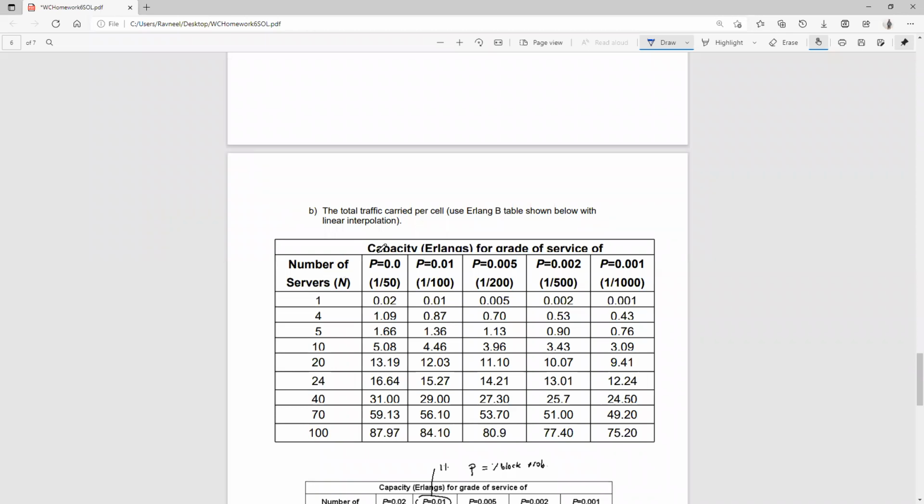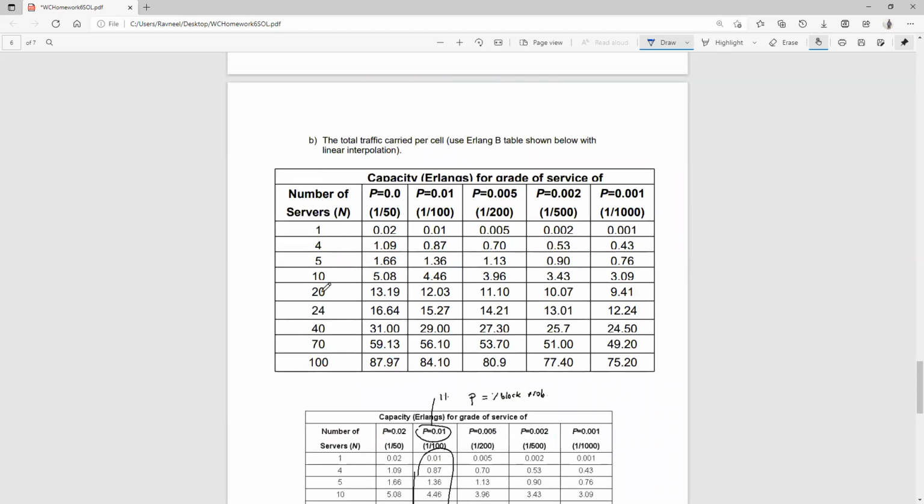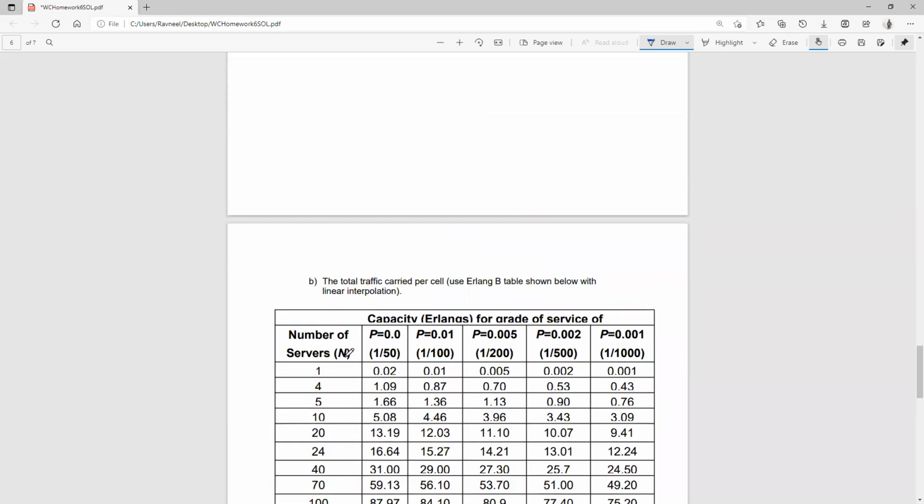So we have to find its capacity. You can see that these values are given as a set of values. It says use the Erlang B table shown below and use interpolation. Interpolation means you linearize the part in between these values and find the middle value for which you are looking for the solution.